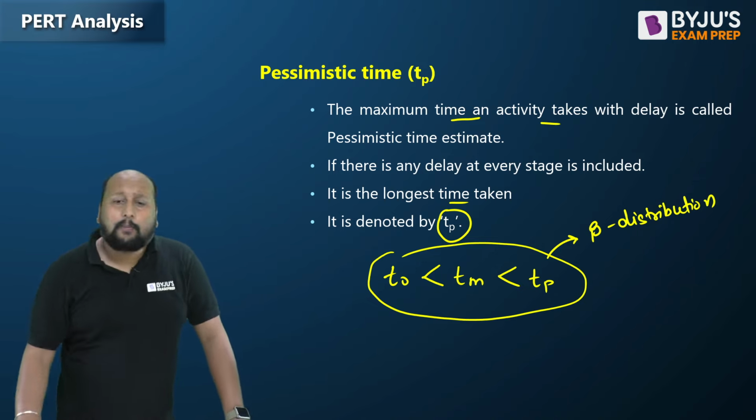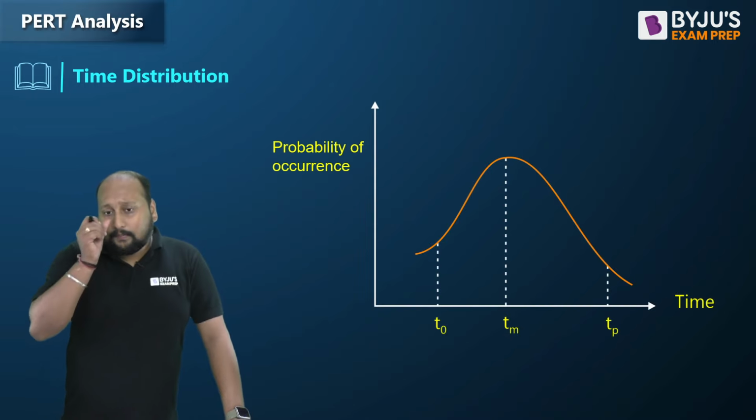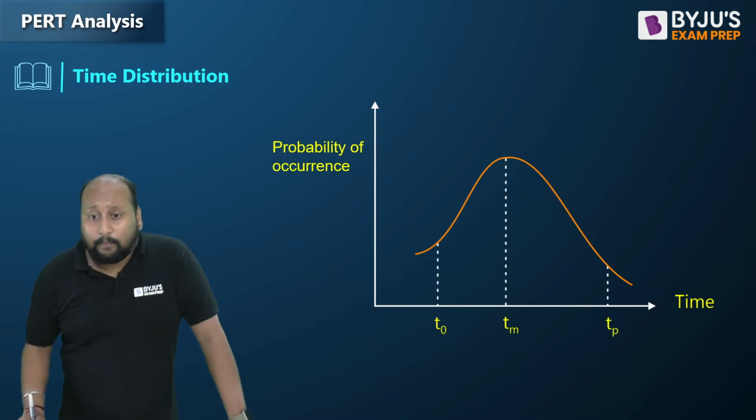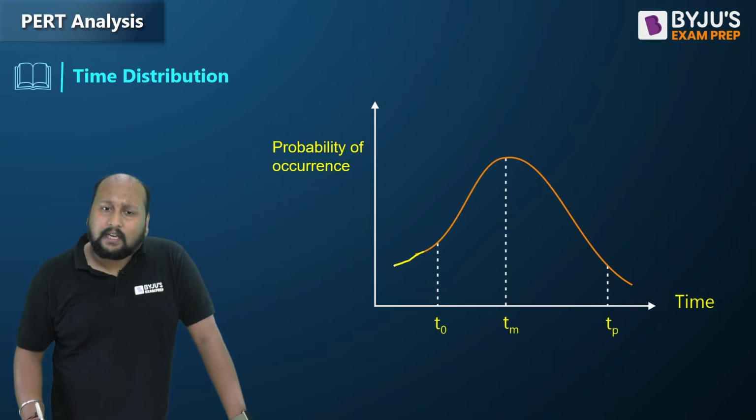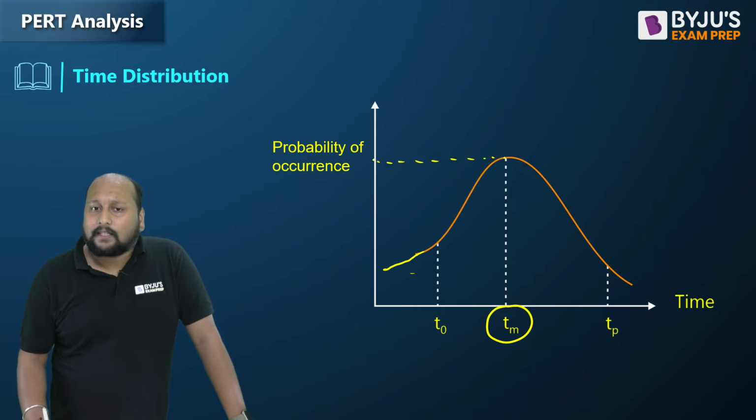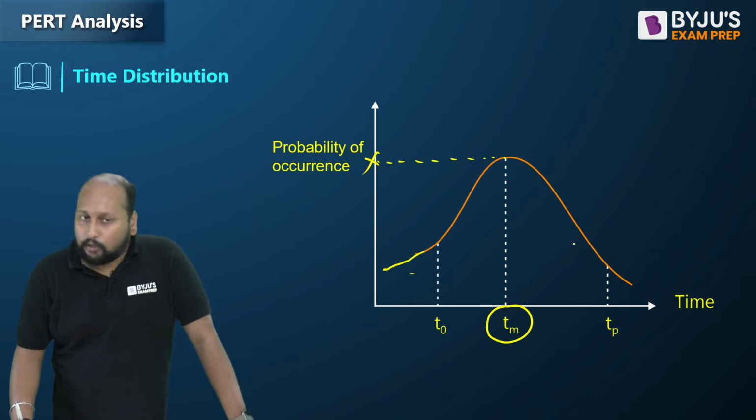That means if I try to plot this in a graph, the probability of completing the activity under optimistic or pessimistic will be very, very less, almost zero. And most likely has the maximum probability of occurrence. It will have the maximum probability. And this is basically your beta distribution curve, right?